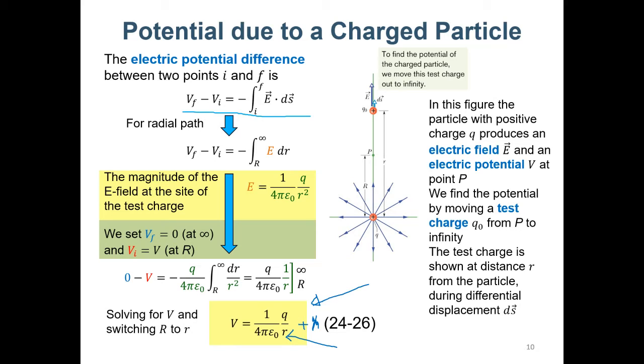And given the E field, we do the line integral with respect to a defined path. So we know the potential difference between the final point and the initial point will look like this line integral.